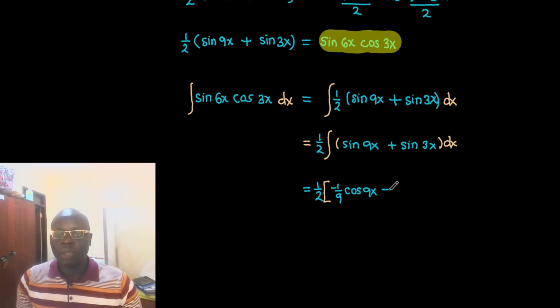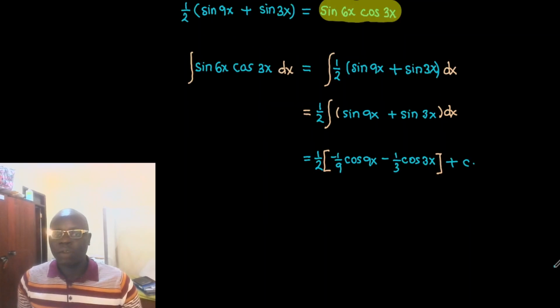So we shall also have here negative 1/3 cosine of 3x. Then close this bracket, and we add the constant of integration here. So after this, the next stage is just to open up this bracket, and we are done.